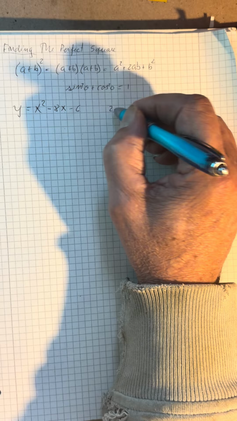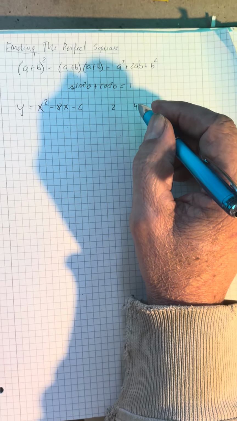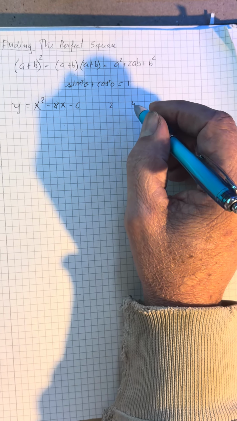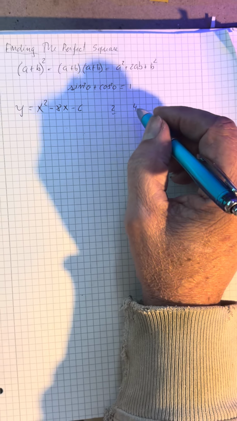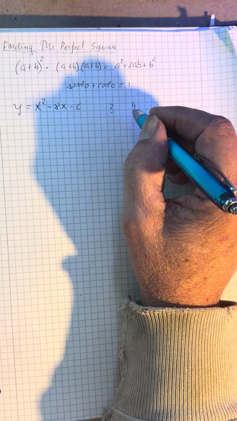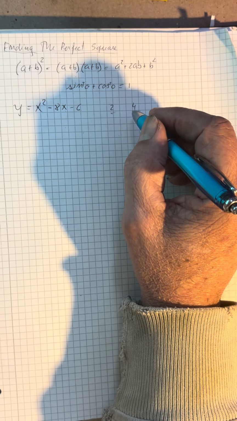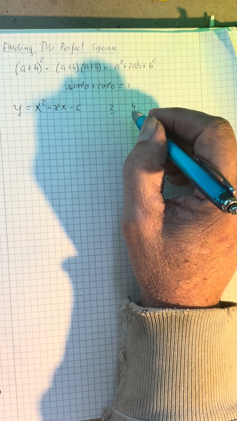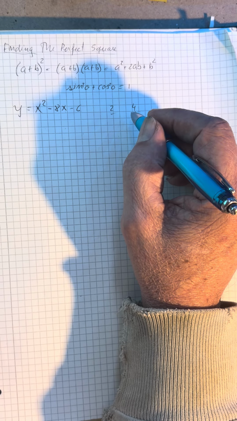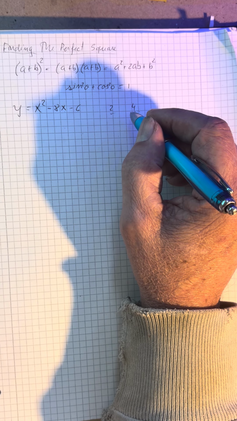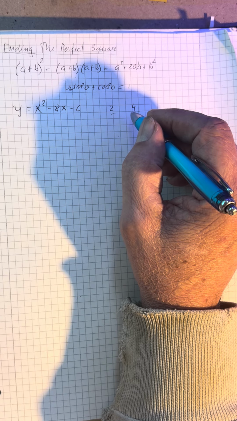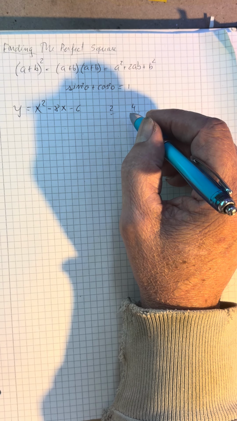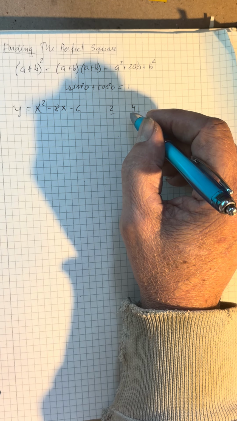Yeah, 2 and 4. But multiplied, no, that's not going to work. What about 2 and, I don't know, 3 times 4 is 8? No, 3 times 4 is not 8. Okay, I can't come up with factors.